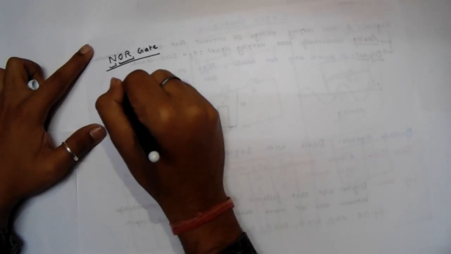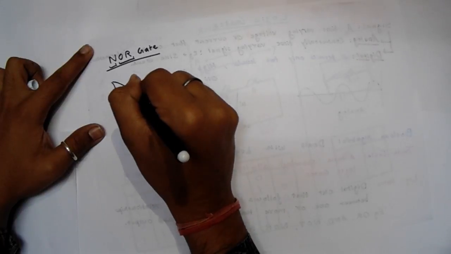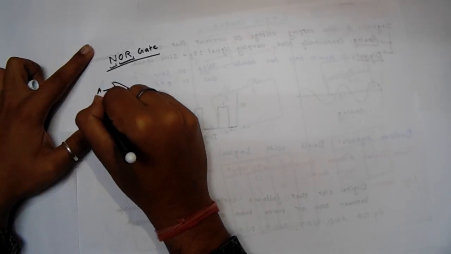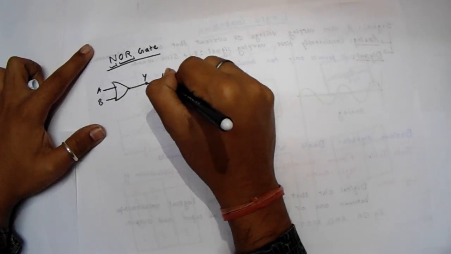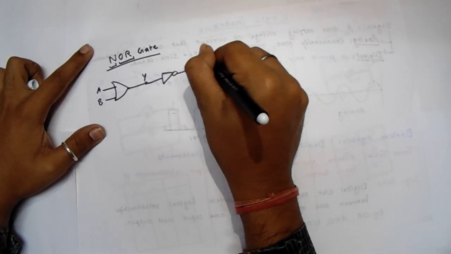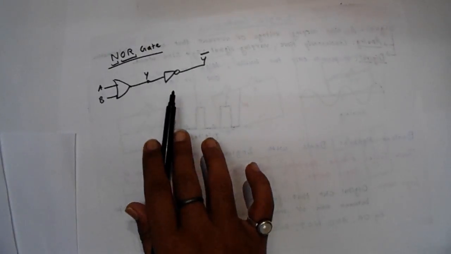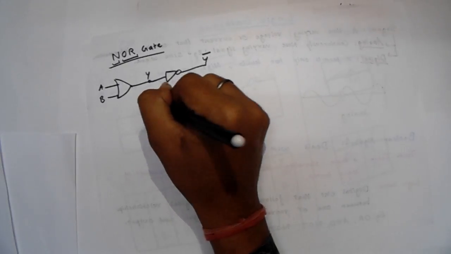So, consider an OR gate with A and B inputs giving an output Y. Now, take the output Y and use the inverter to get Y bar. This is the NOT gate and this is the OR gate, which together make the NOR gate. The symbol for the NOR gate is like this.